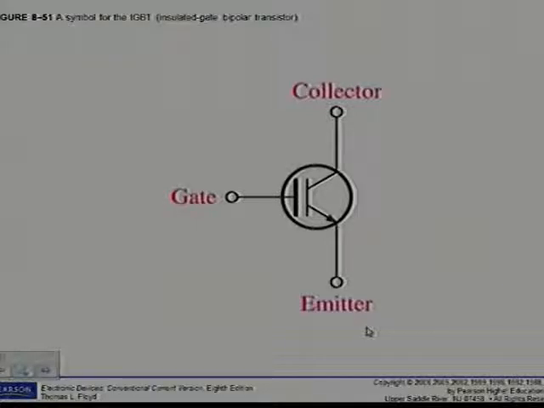You can see it's a combination of a BJT and a MOSFET, the IGBT. It is an excellent choice for many high voltage switching applications. Remember, they name it again. It's an important characteristic of this device. The IGBT, of course, has three terminals called the gate, collector, and emitter. So you can see the combination.